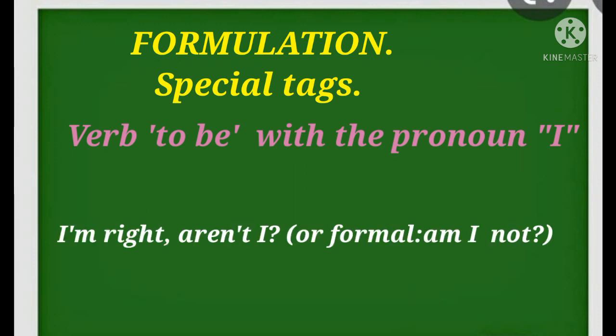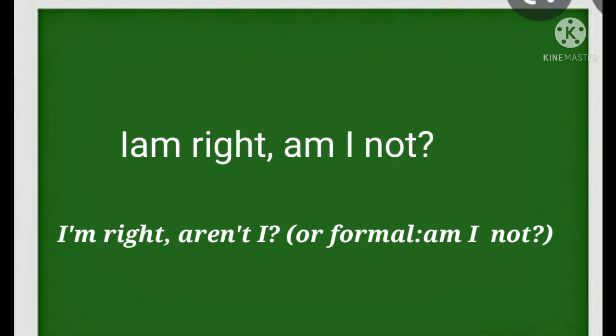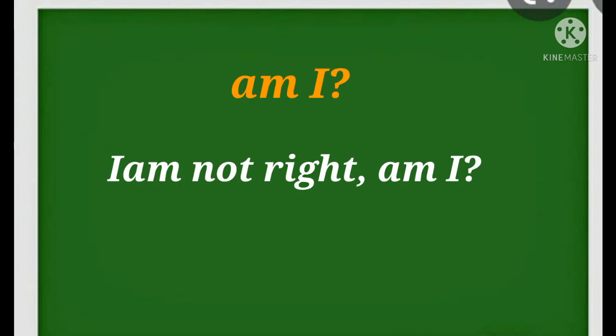You can use am I not, but you will use aren't I, as I mentioned before. For the negative statement, the tag is am I. As you expected, I am not right, am I?